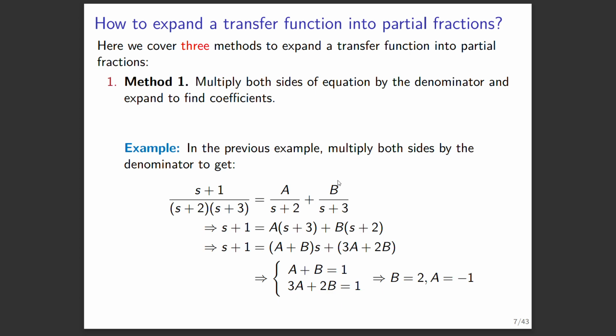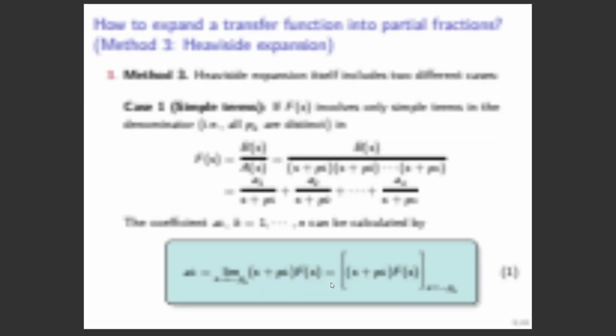Now I had to write here A divided by (s+2), B divided by (s+3), C divided by something, D divided by something, E divided by something. Then if I would multiply both sides by the denominator, I wouldn't get a system of 2 equations. I would get 5 equations. Now how do you want to find that? So you're going to have a difficult, or rather cumbersome, problem to solve.